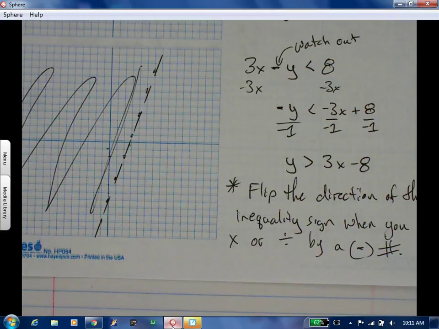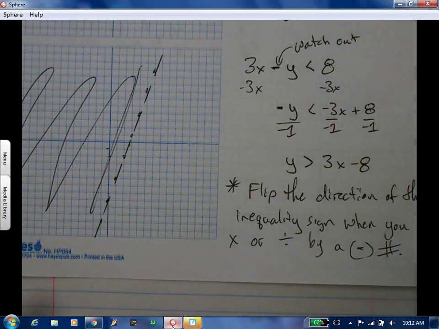It won't be quite 3. Should be about between 2 and 3 should be right. So, go in the wrong direction.